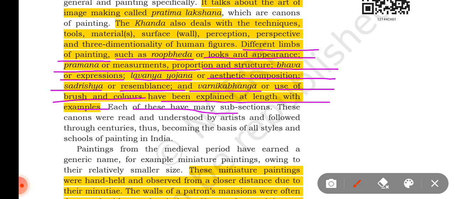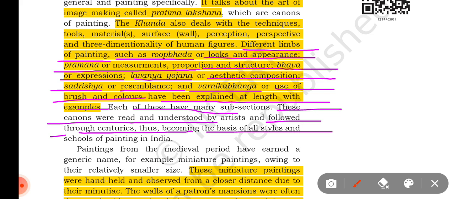Each of these has many subsections. These canons were read and understood by artists and followed through centuries, thus becoming the basis of all styles and schools of painting in India.